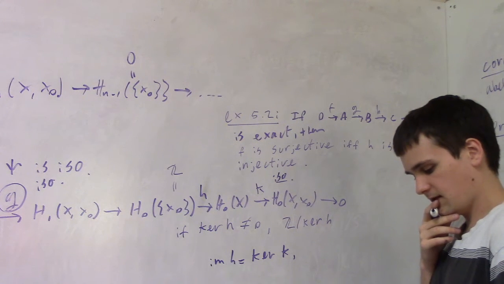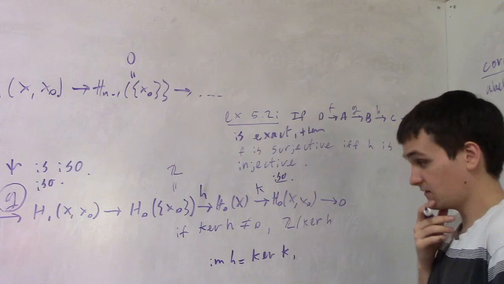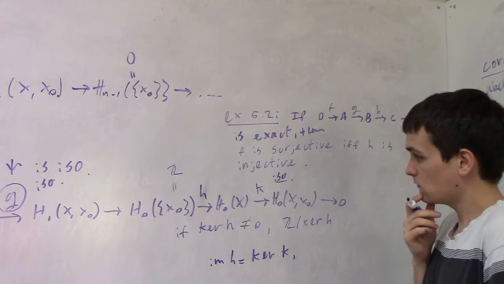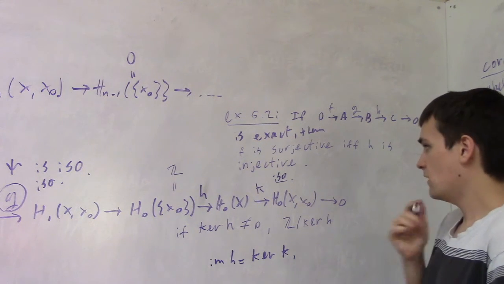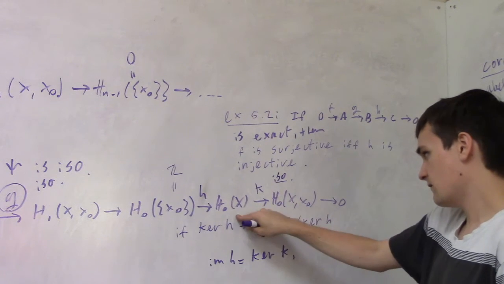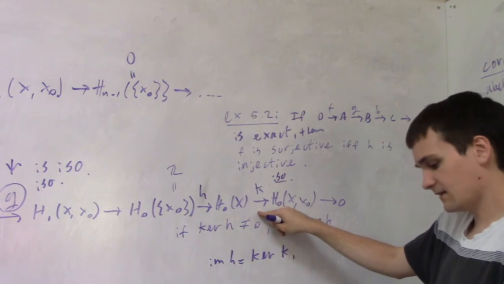Kernel of K not equal to 0 implies image of H not equal to 0. So we're deferring that to showing that the kernel of K is not equal to 0 by exactness.